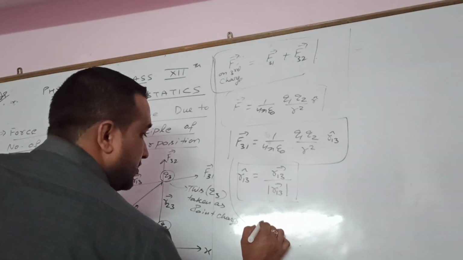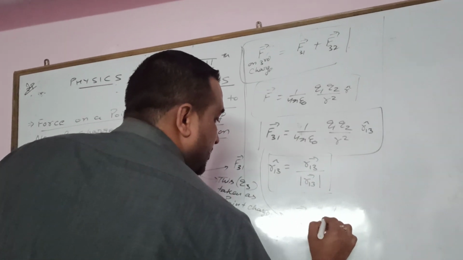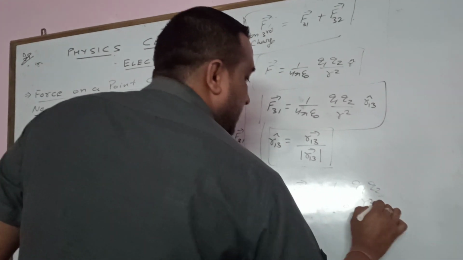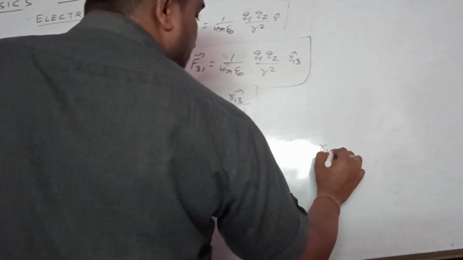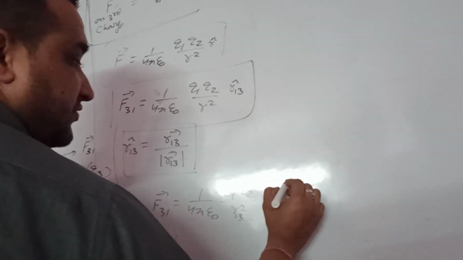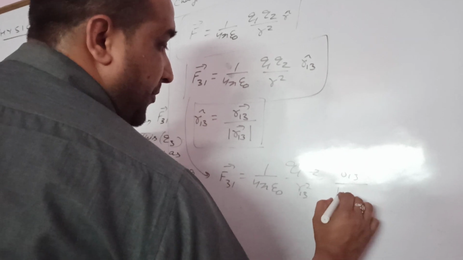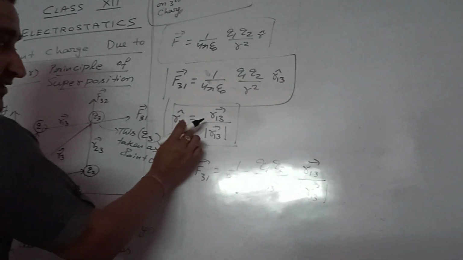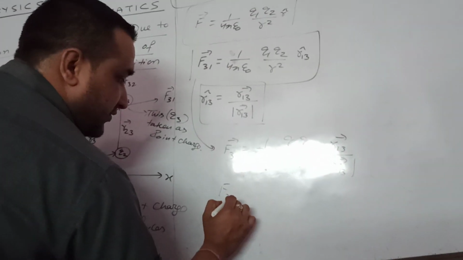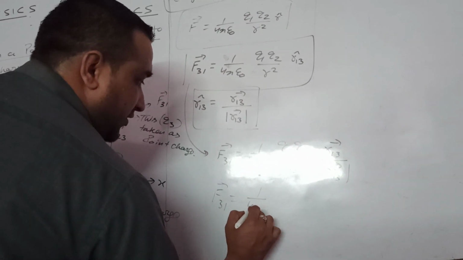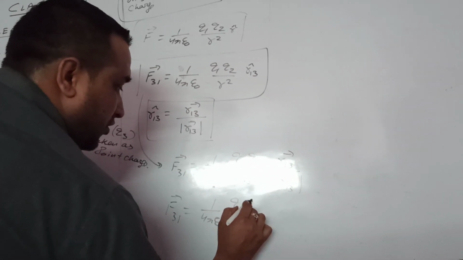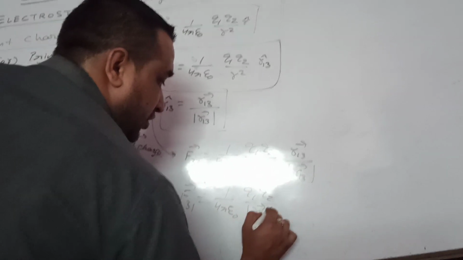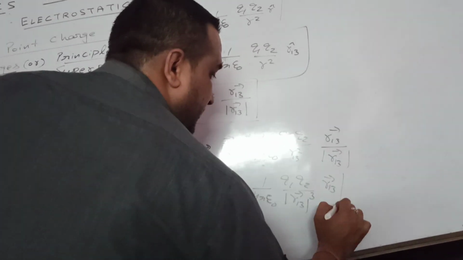So F31 is equal to 1 upon 4 pi epsilon naught Q1 Q3 upon R13 whole cube, times R13 vector.